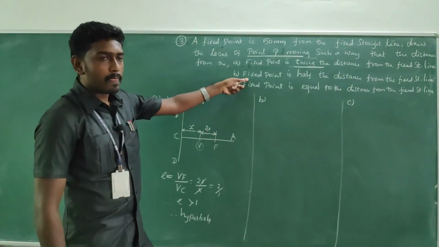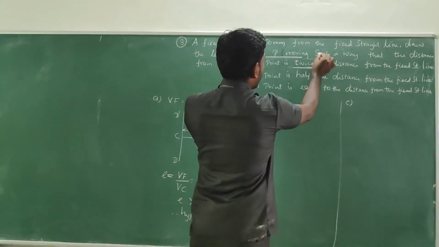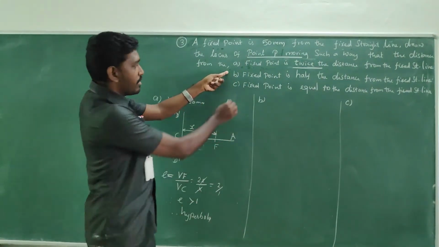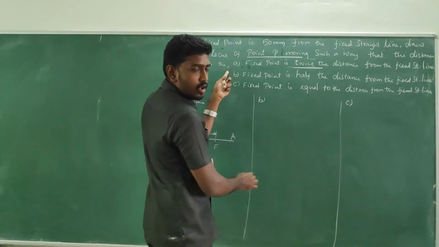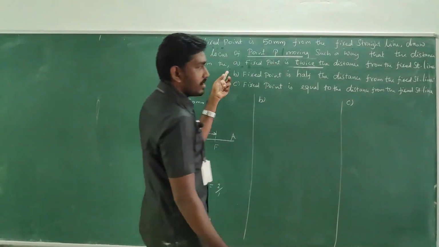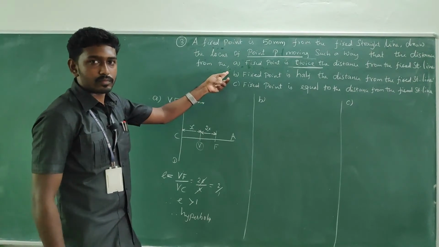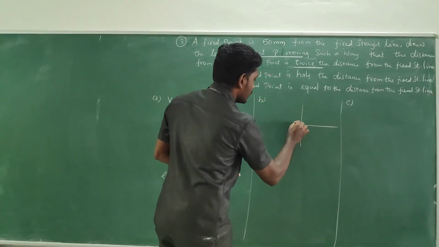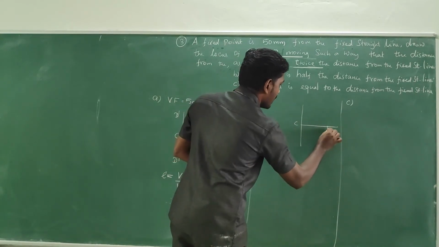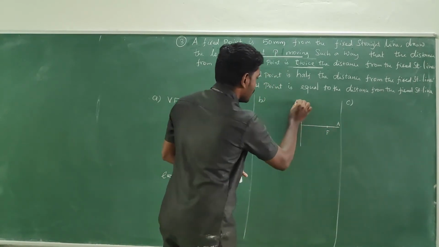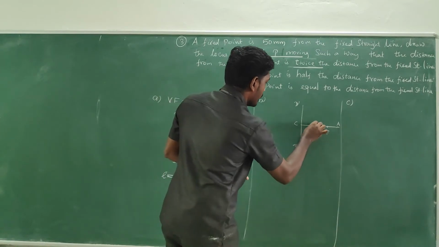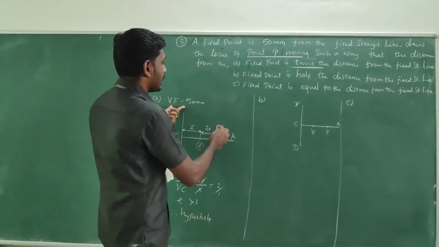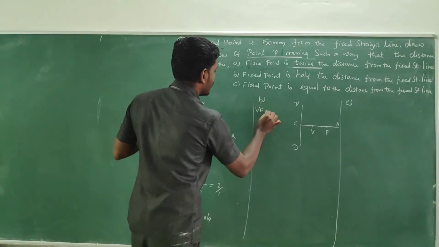Here see, point P is moving in such a way that the distance from the fixed point is half the distance from the fixed straight line. That means this is C, and here we have the F. In between we have the vertex. Commonly VF is mentioned as 50 mm.